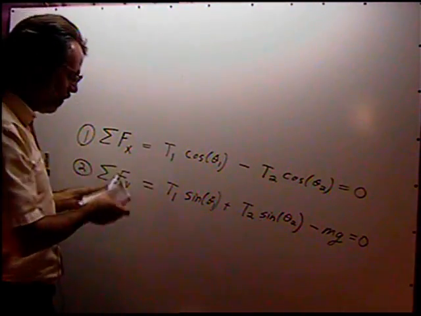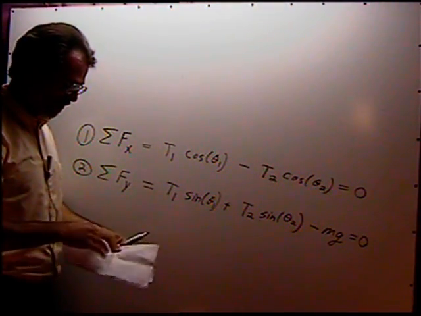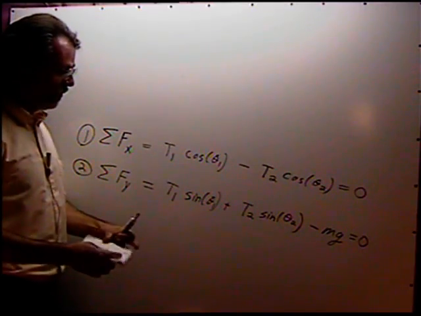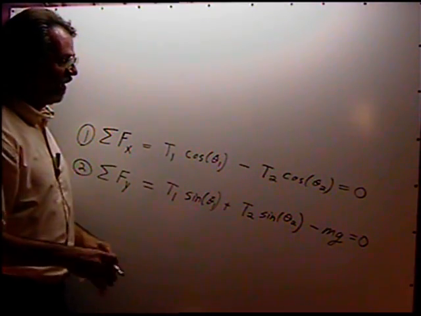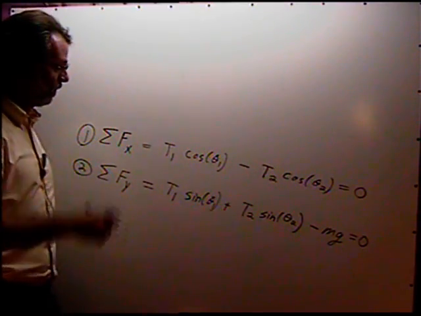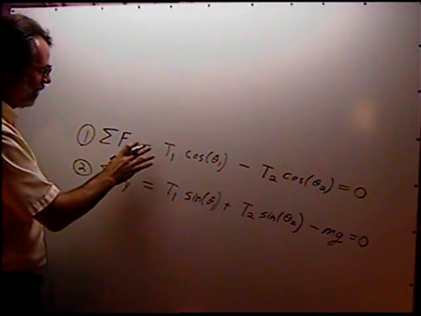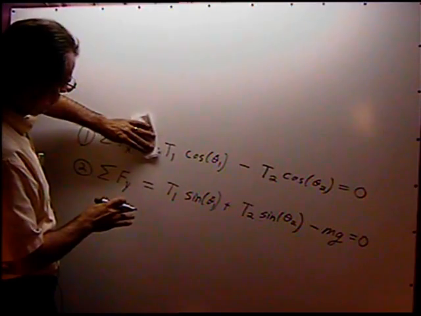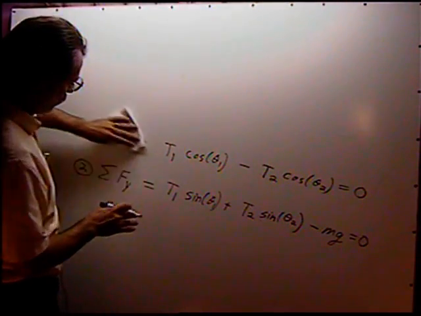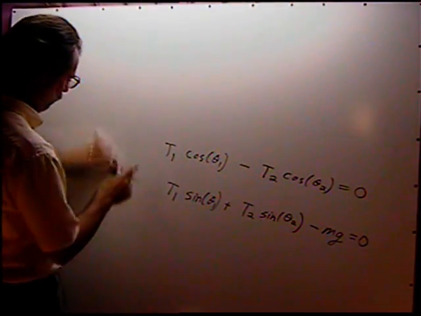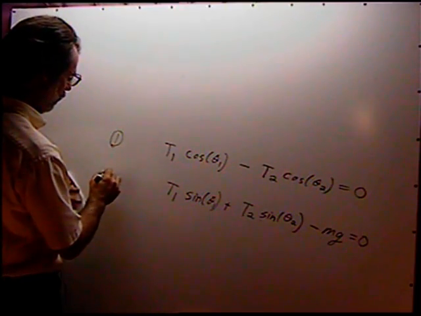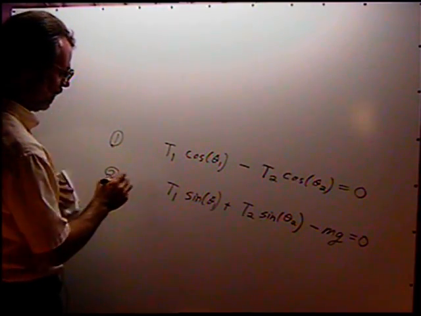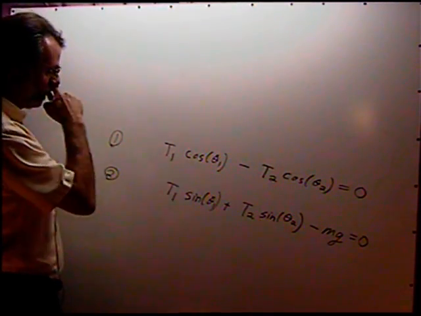Instead of plugging numbers in, I'm just going to leave it in the most general form. So let's take this first equation, and this is the second equation. Let's take the first equation and solve it for T1.